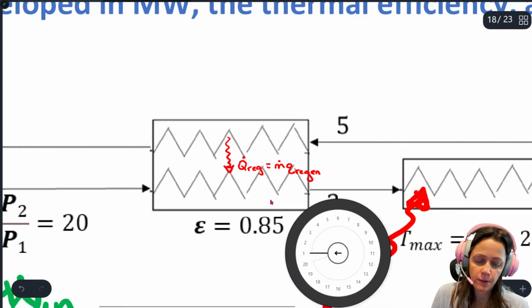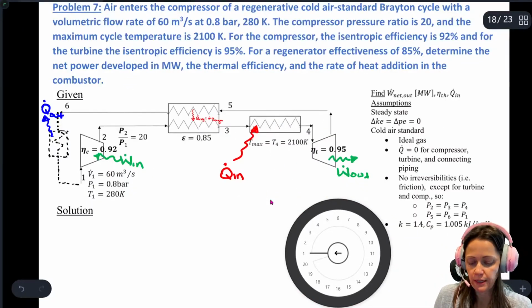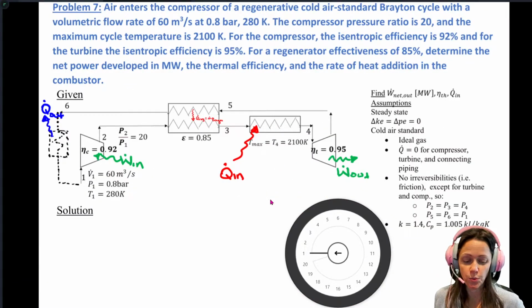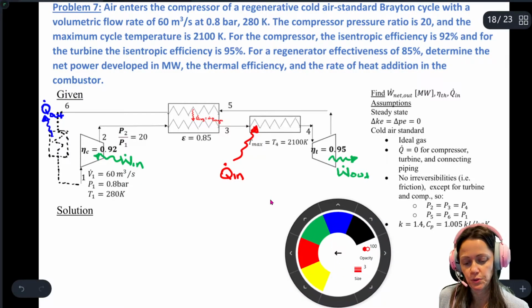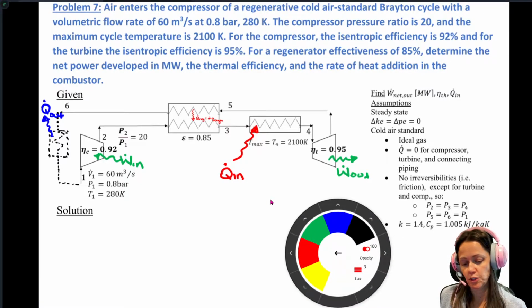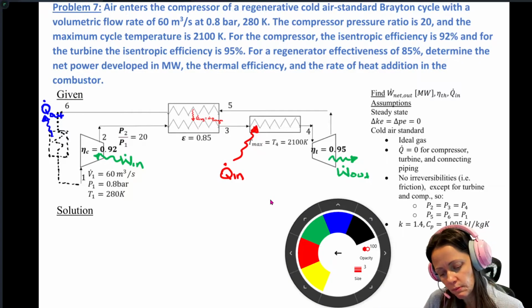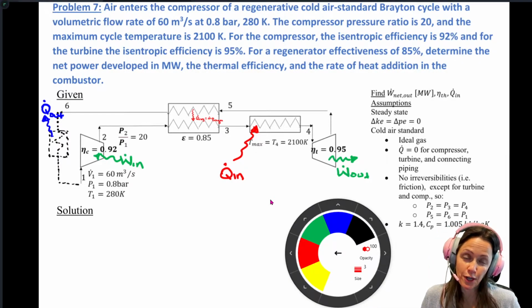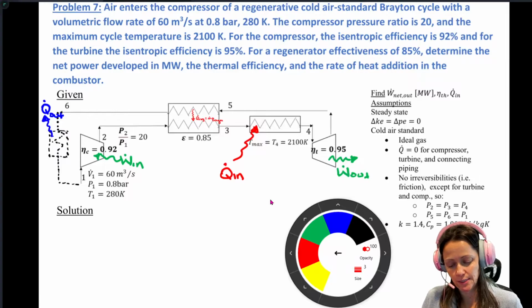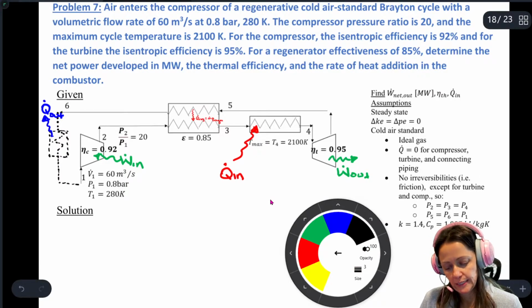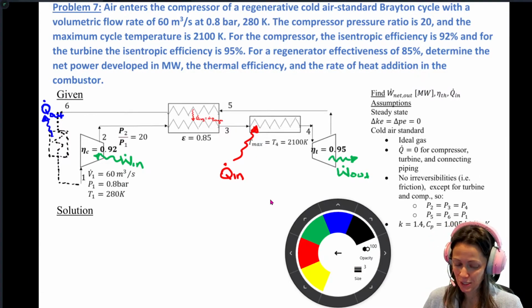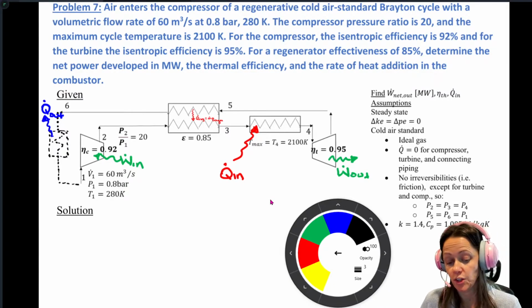But the reason I'm not making a big deal about it is because it's not going to go into the equation for the calculation of that thermal efficiency. And of course, unfortunately, I've got some isentropic efficiencies that are less than 1. And then I'm supposed to find W dot net out in megawatts, the thermal efficiency, and Q dot in, probably in megawatts as well.